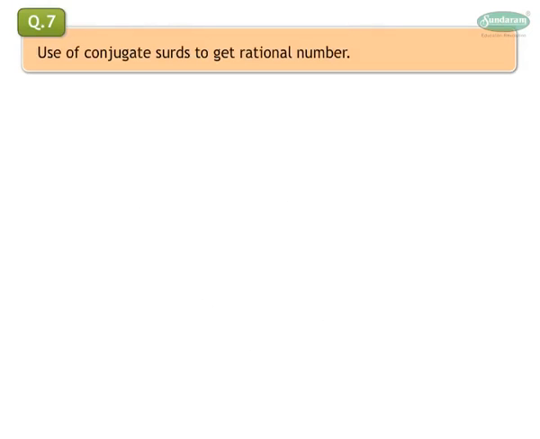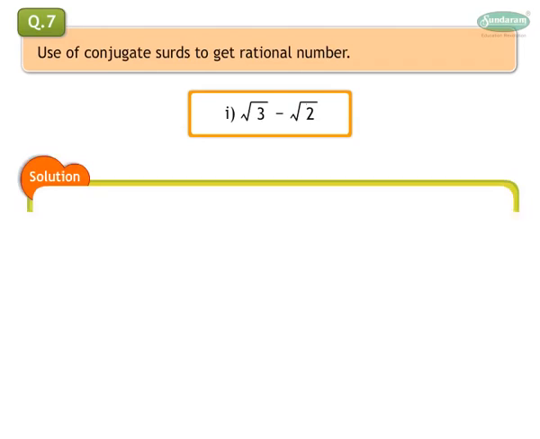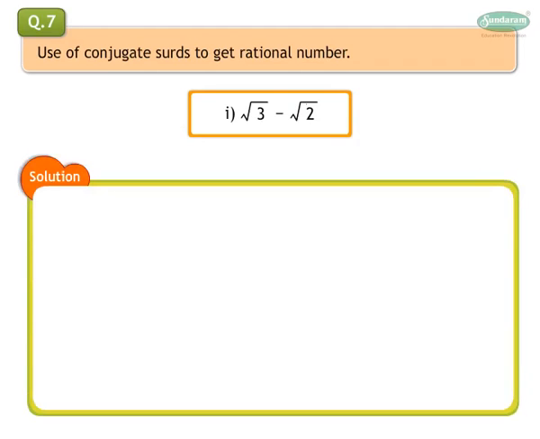Now let us use this concept to rationalize the following binomial quadratic surds. Problem set 2b. Question 7. 1. Square root of 3 minus square root of 2. Solution. The conjugate pair of this expression is square root 3 plus root of 2.